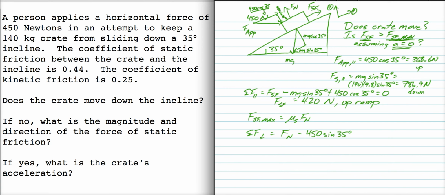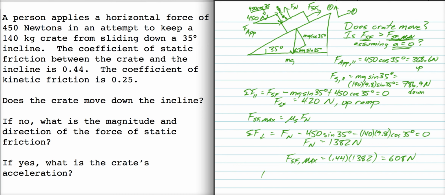The perpendicular component of gravity is also negative, mg cosine 35. That has to sum to 0. Adding it all up, the normal force is 1,382 newtons. So the maximum possible force of static friction is mu sub s, 0.44, times 1382, which is 608 newtons.